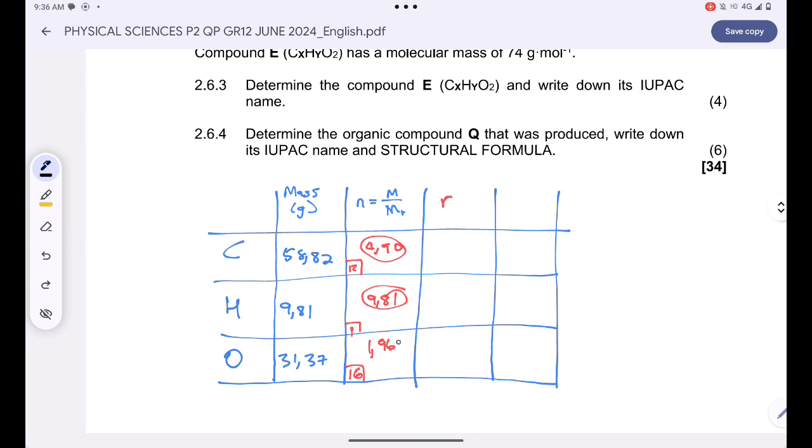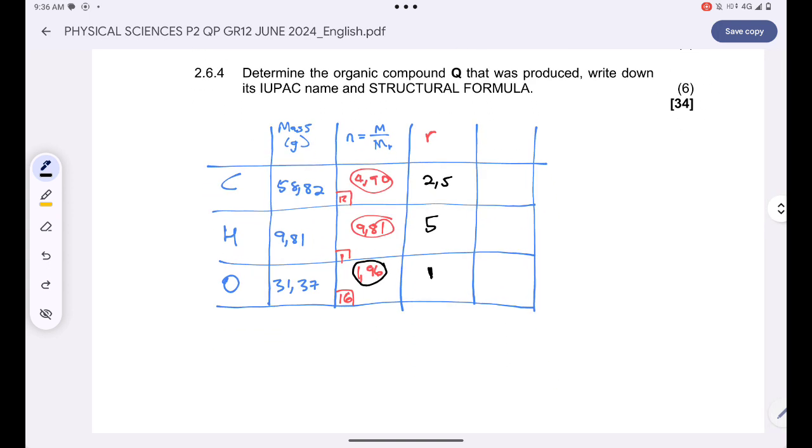We are dividing all the number of moles by 1.96. So 4.90 divided by 1.96 gives me 2.5. Then 9.81 divided by 1.96 gives me 5.00, so just 5. And 1.96 divided by 1.96 gives me 1.